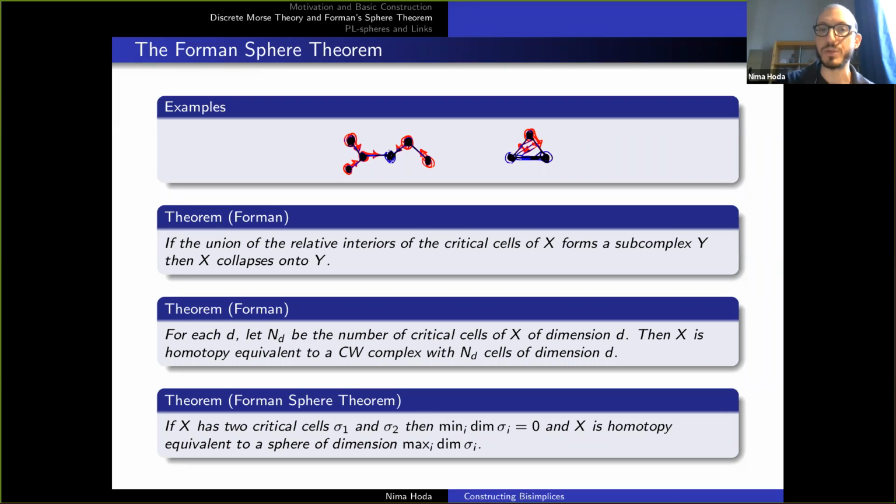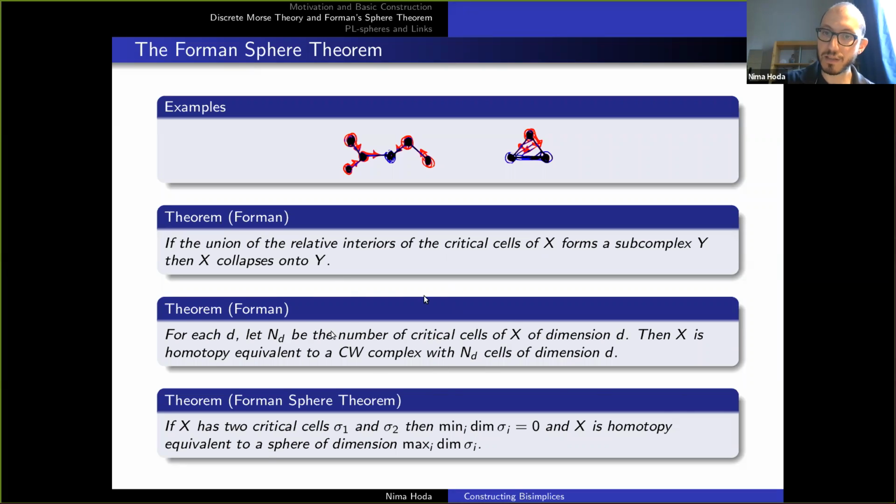You repeat this for all the matched pairs, and you wind up with something that has exactly as many cells of dimension d as you had critical cells of dimension d, for every d. Of course, the result may not be a regular CW complex, but it'll be a CW complex.